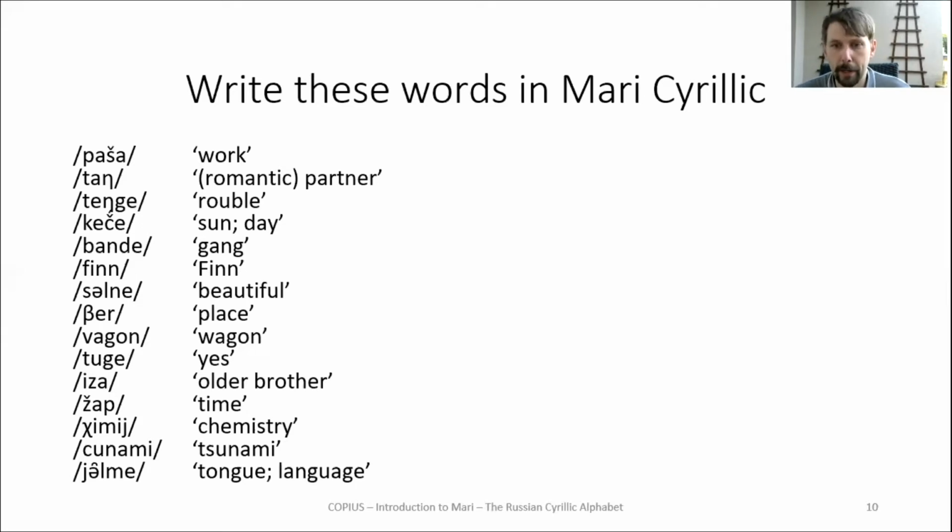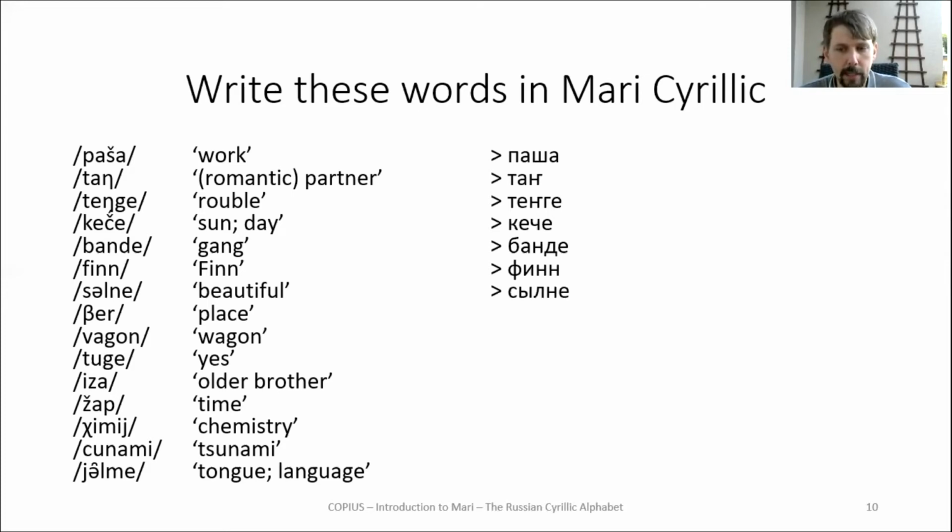Pasha, work. Tang, romantic partner, so boyfriend, girlfriend, whatever. Tenge, ruble, the currency unit of Russia. Keche, sun or day. Bande, gang. Fin, thin. Silne, beautiful.